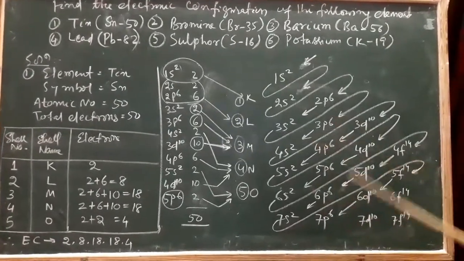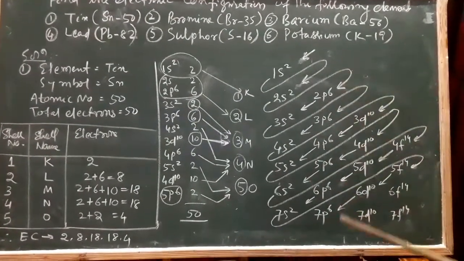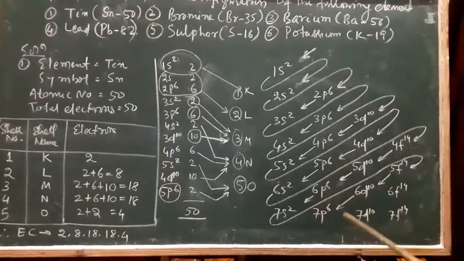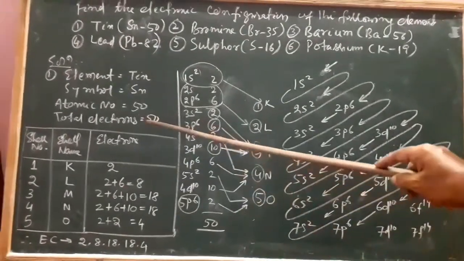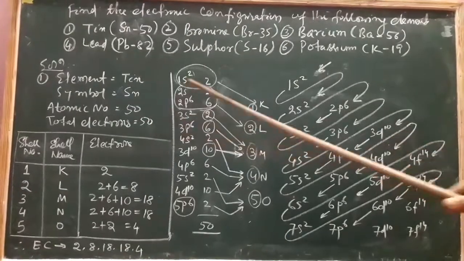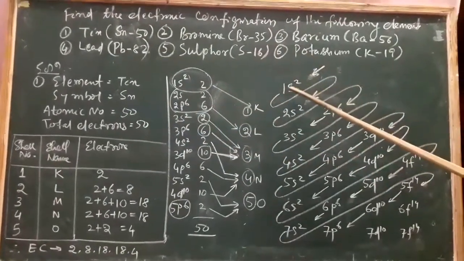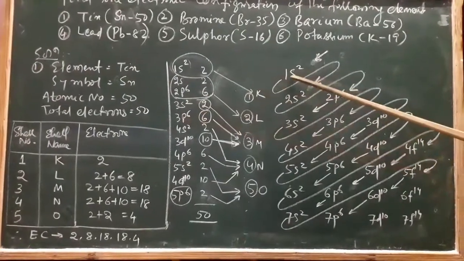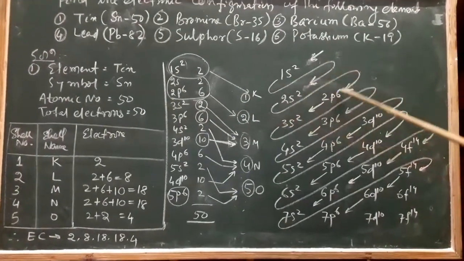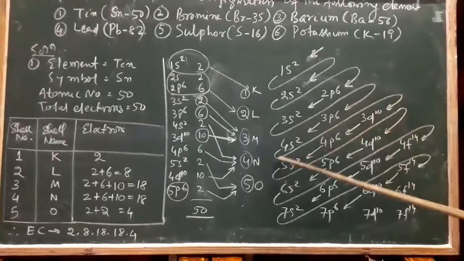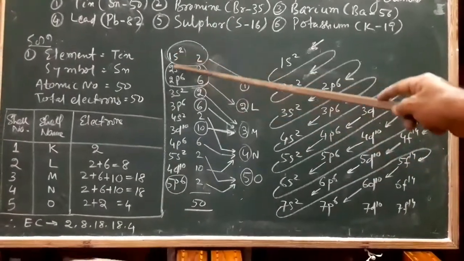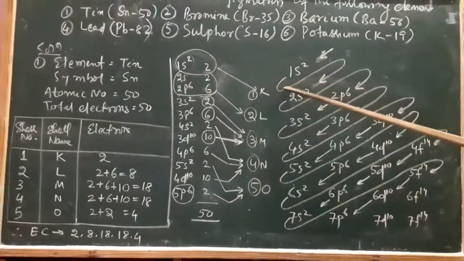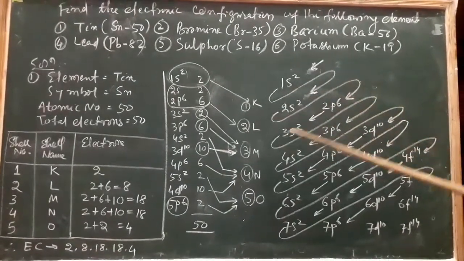Let's see how this pyramid will help you in finding the configuration. Here our total number of electrons is 50. So I will go on writing this series: 1s2, 2s2, 2p6, 3s2, 3p6, 4s2, 3d10.